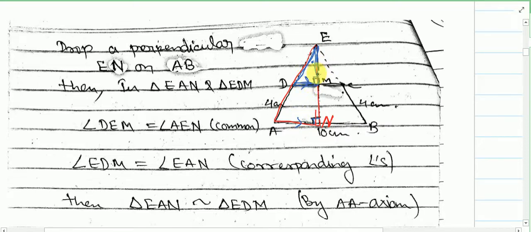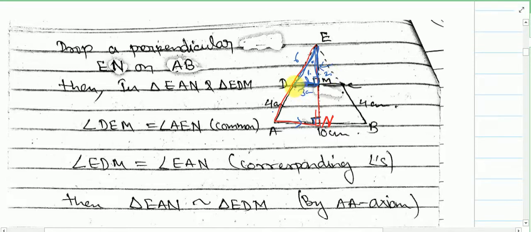Now we can use the basic proportionality theorem also, because this ED just now you have found 6, this is 4, and you have to just find this length. Because this DM will be 3 centimeter. Why? Because this triangle, let's say this is 2, this is 1, so these are congruent.